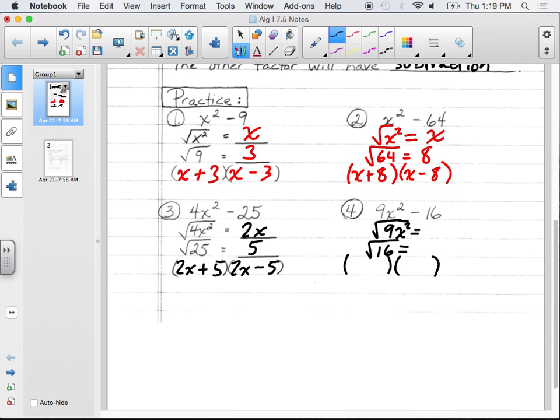So, square root of our first and second term, what's the square root of 9x squared? 3x. The square root of 16? 4. So they're both going to start with 3x. They're both going to end with 4. And one has subtraction, the other has addition. Again, doesn't matter which order they're in? No, it doesn't, because either way, when we multiply it out, you should always get the same answer.